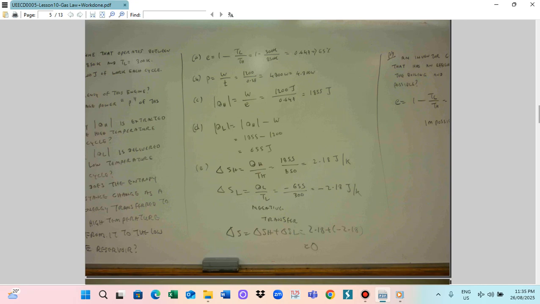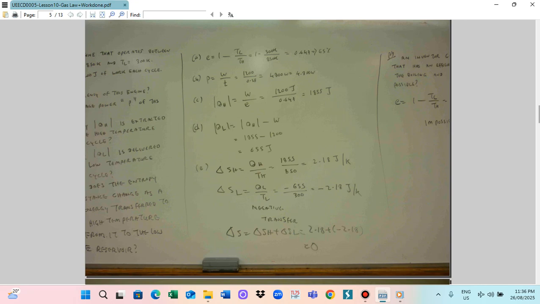Next, how much energy QH is absorbed as heat from the high temperature reservoir every cycle? So we have to calculate the heat. The formula is QH equals the work divided by the efficiency. The input is heat energy, and the heat energy is transferred to mechanical energy by the engine.